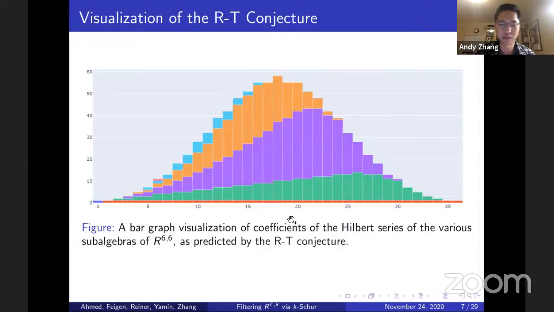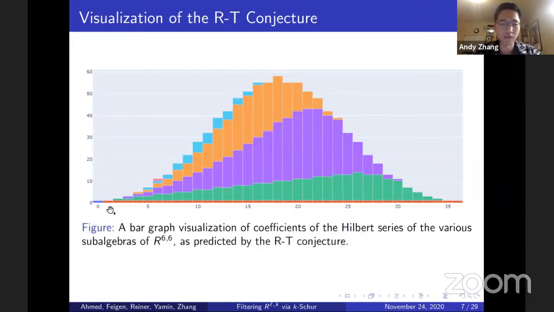It ranges from 0 to 36, because the dimension of the Grassmannian GR(6,12) is 6 times 12 minus 6, which is 36. I use various colors to denote the subalgebras of this ring R66. And on the y-axis, you have the dimension of each graded piece, or equivalently, the coefficient in the Hilbert series.